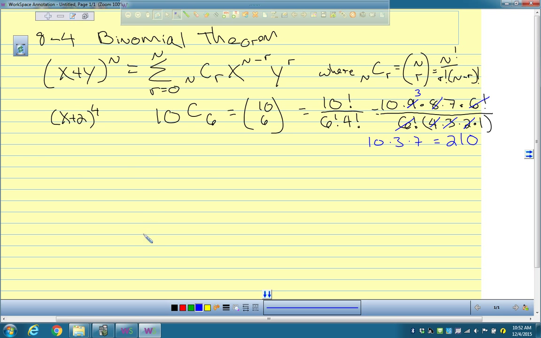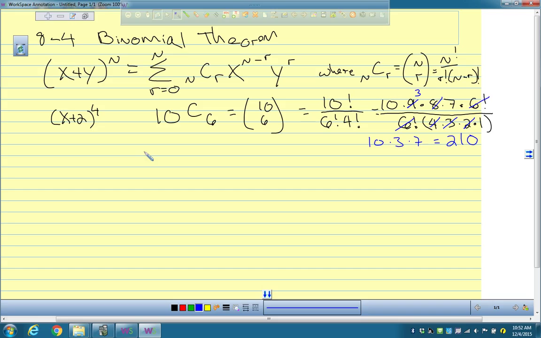Maybe? No? Yes, sir. The 10 and 6 would be 10 people and a committee of 6. We'll talk more about the applications of it in probability. If you had 10 people and you're choosing how many different ways I could make a committee of 6, I would have 210 different ways.